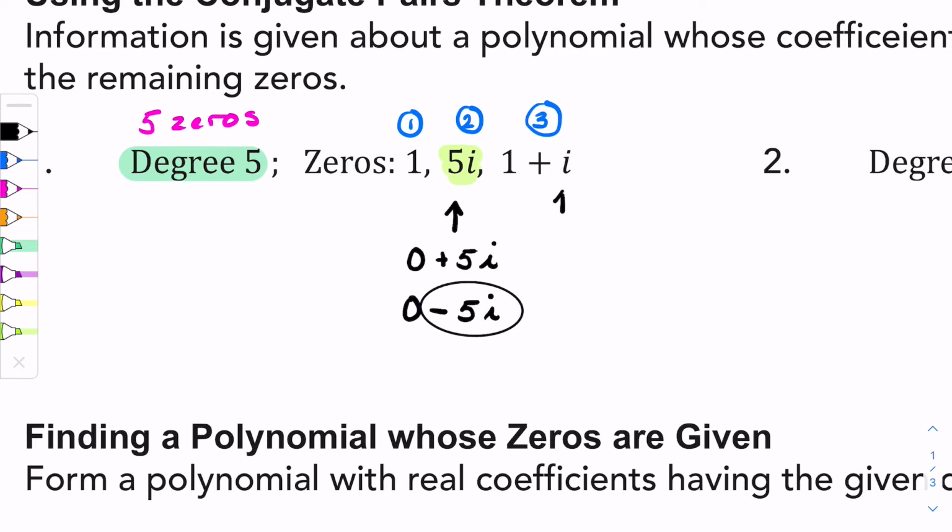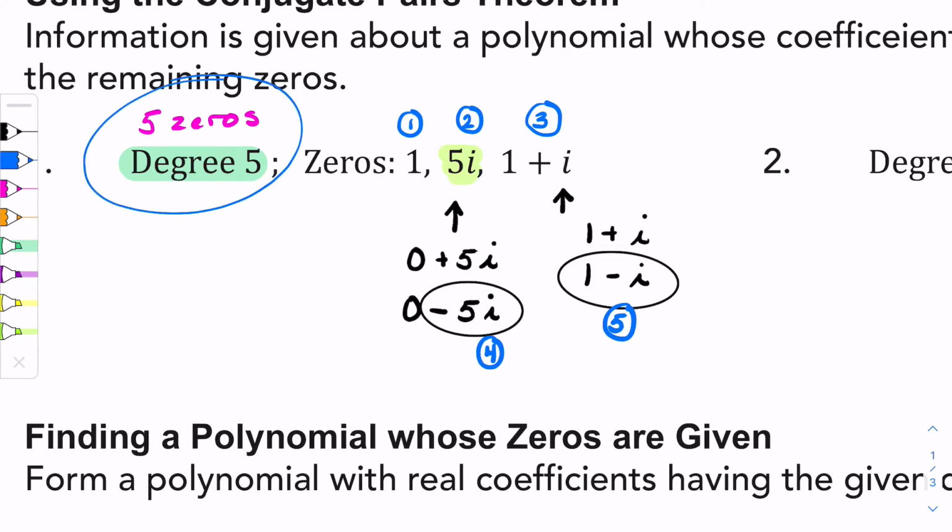And right here we have 1 plus i, so we would need to include 1 minus i. This would be your 4th 0, and this would be your 5th 0. So finding those two conjugates brings you to match your degree of 5, which is basically what we're looking for.